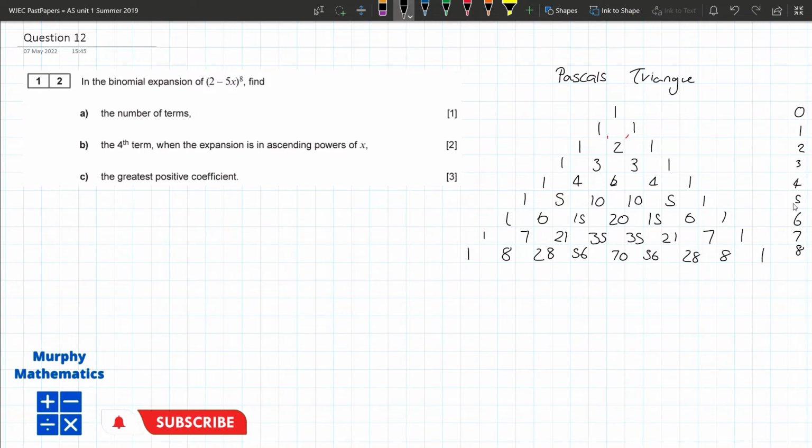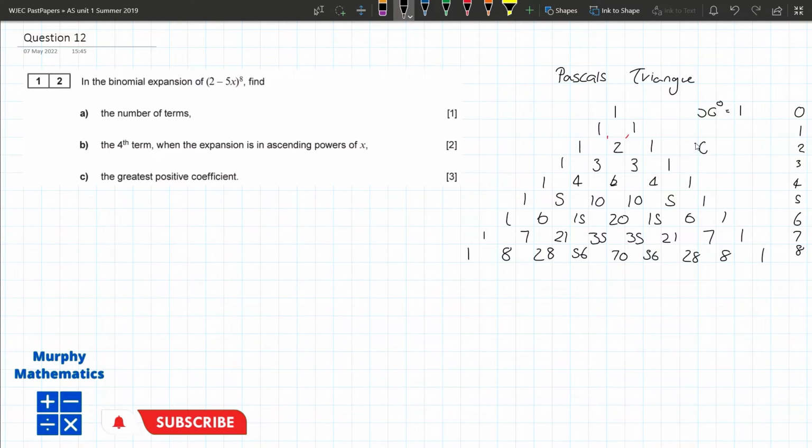Okay, so it's quite long going all the way. We normally get asked to about power 4, but this time for some reason we've been asked for power 8. It's quite an interesting triangle with a lot of patterns. We have 1s on the outside, and if we ever get lost on which row we're dealing with, we know that anything to the power 0 is just 1.